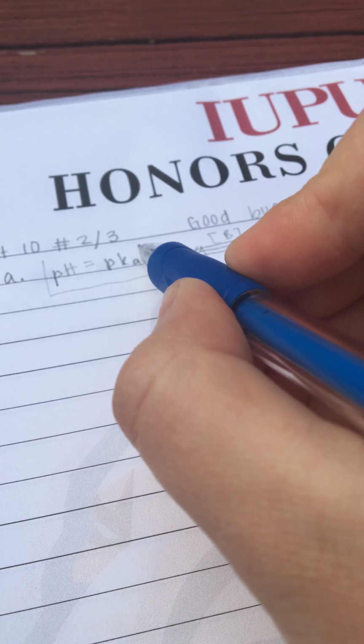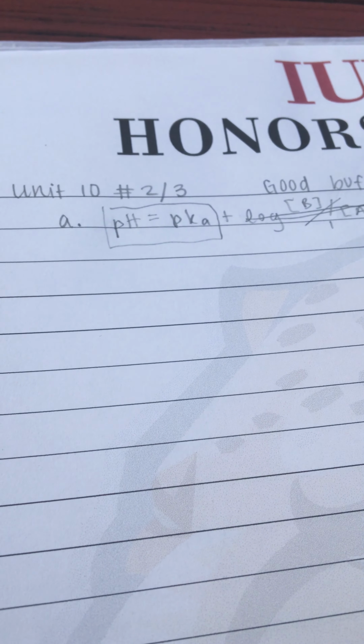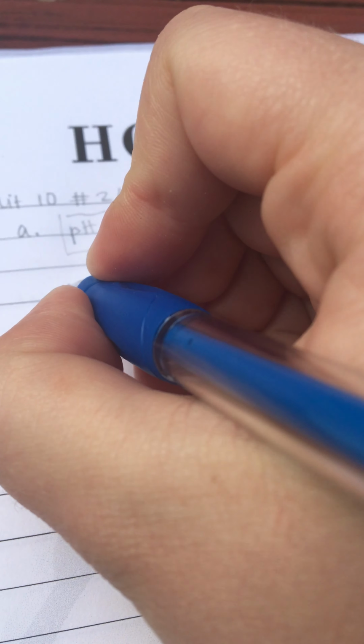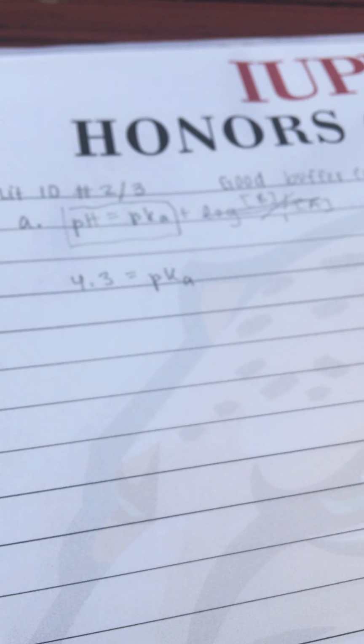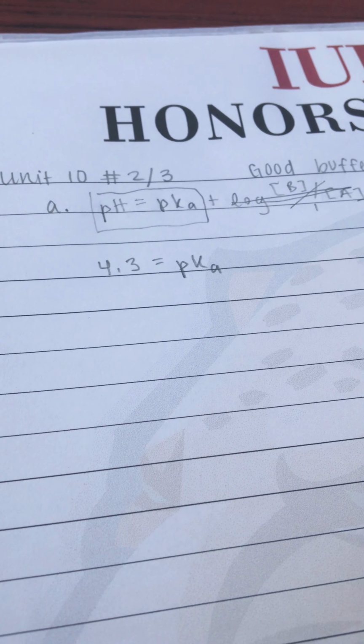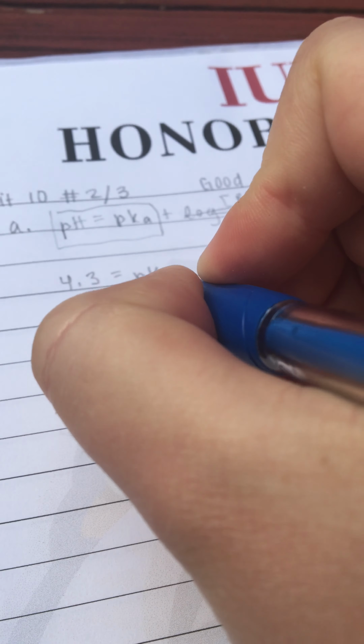And we're left here with pH equals pKa. We know the pH is supposed to be 4.3, so 4.3 equals pKa, which means 4.3 equals negative log of Ka.